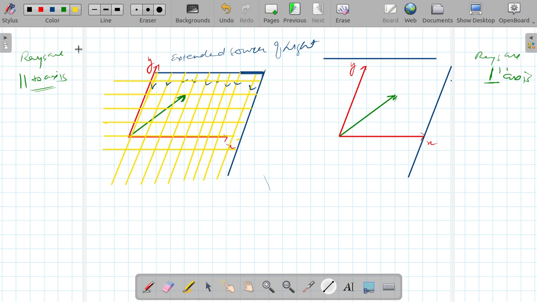Light rays are coming in this way from this extended source, parallel to the x-axis. So yeah, this is the direction.